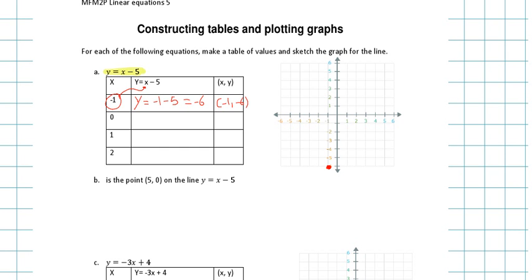What do I get? 0 minus 5 is -5. So what's my point? (0, -5). Excellent. So (0, -5) is right here. X is 0, y is -5.